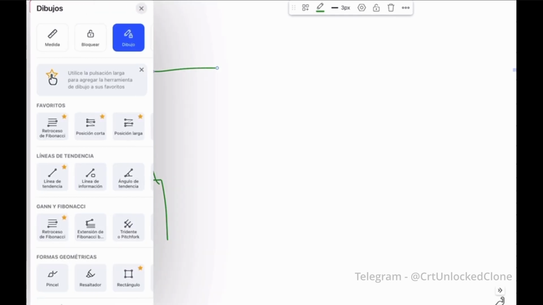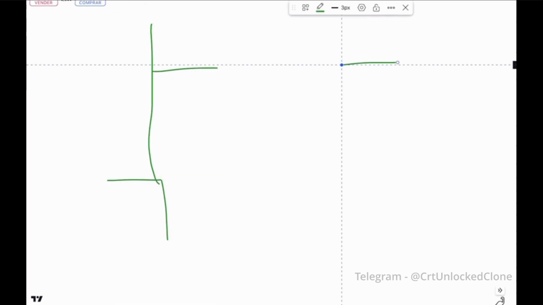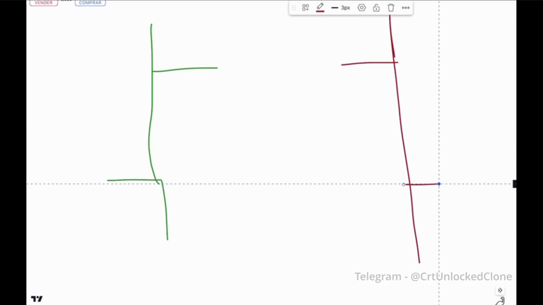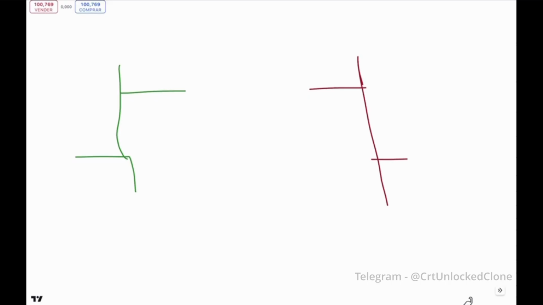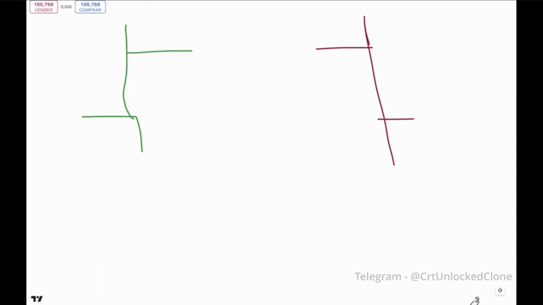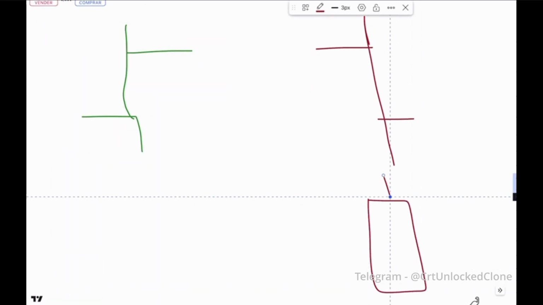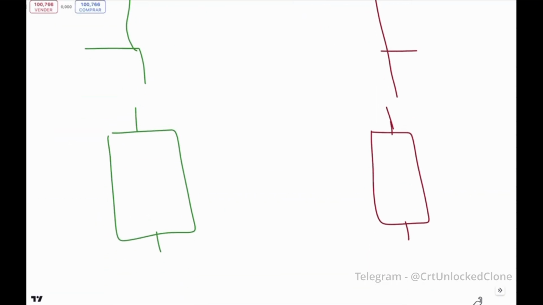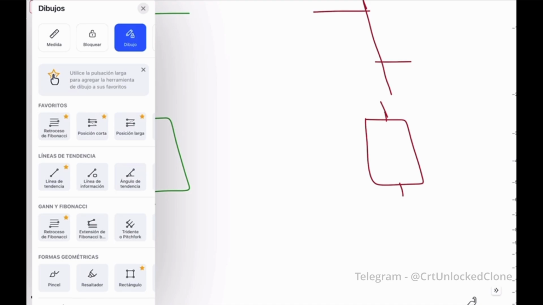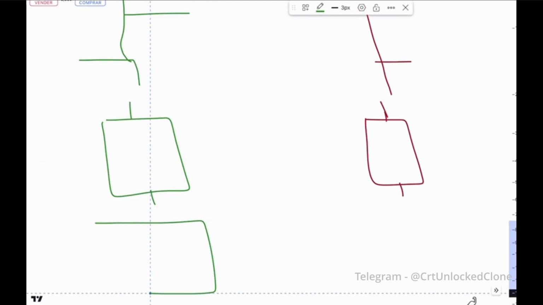A bearish candle has the open, high, low, and close, right? It's a bearish candle, it's a bullish candle, bearish candle, bullish candle. These three are the same thing.